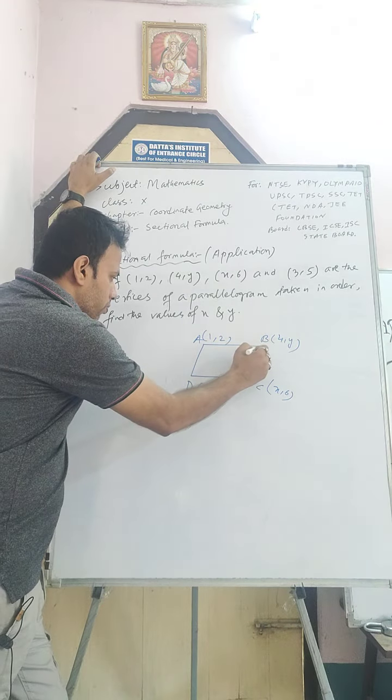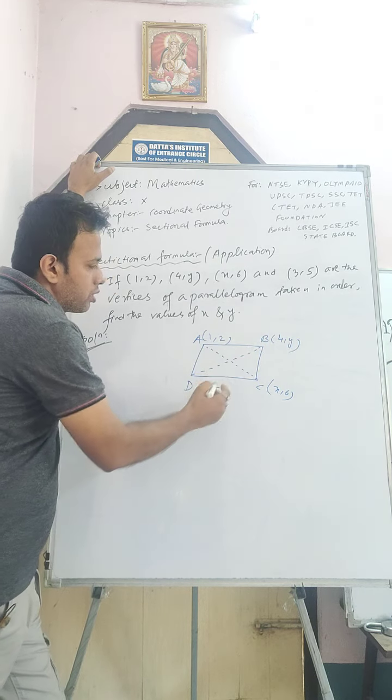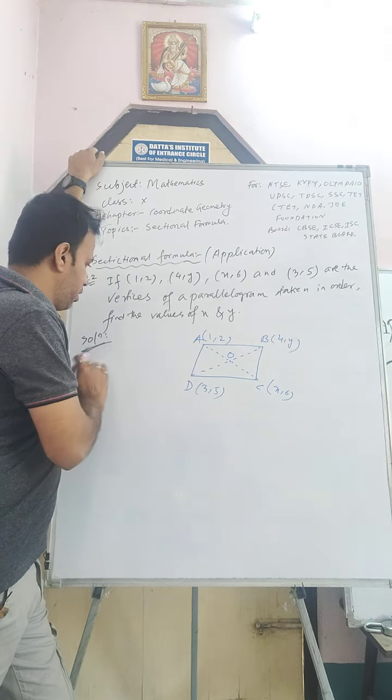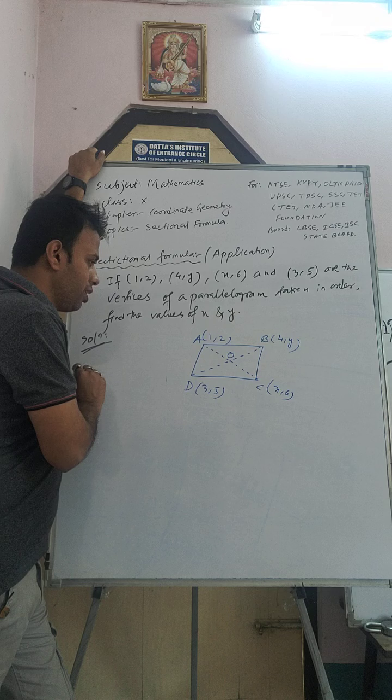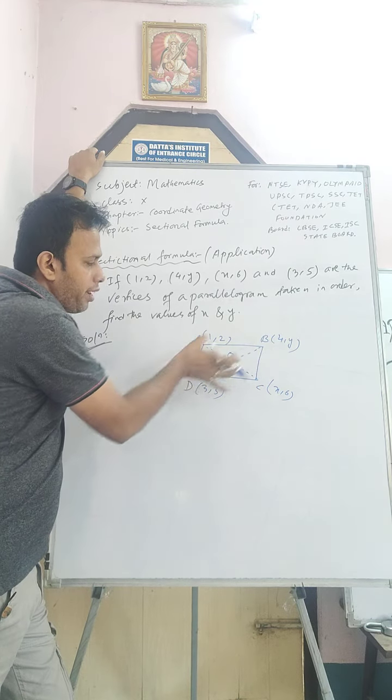So now we draw the diagonals BD and AC. So who is the midpoint of AC and BD?